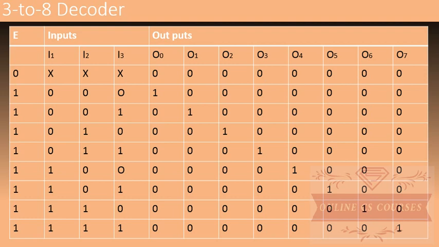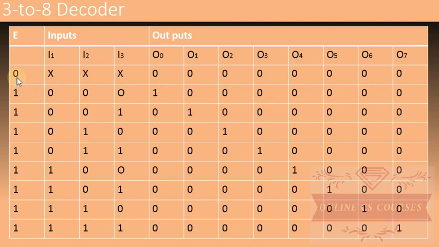So now we are discussing the 3 to 8 decoder in which we have 3 inputs and 8 outputs. So if we have the enable line 0, so the decoder will be disabled, so no input will be provided, so no output will be generated.